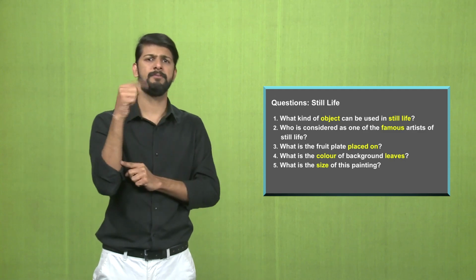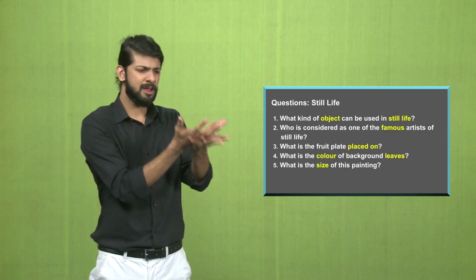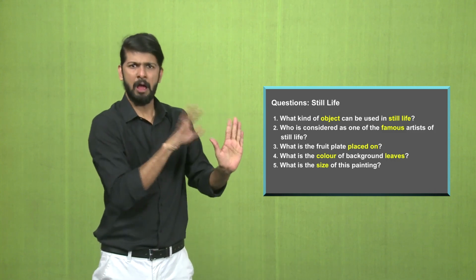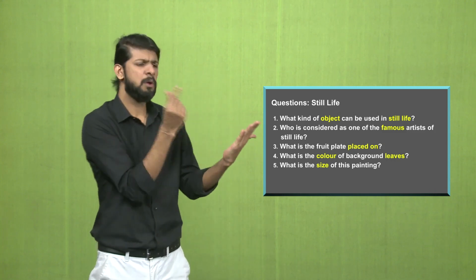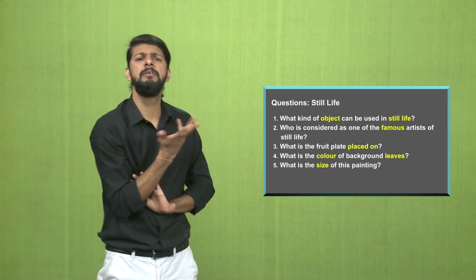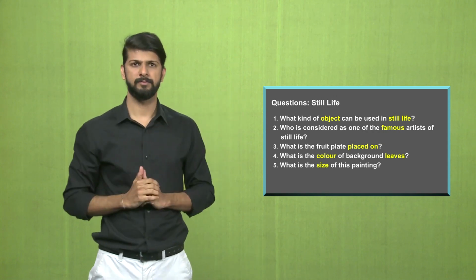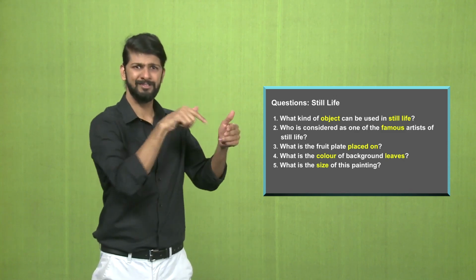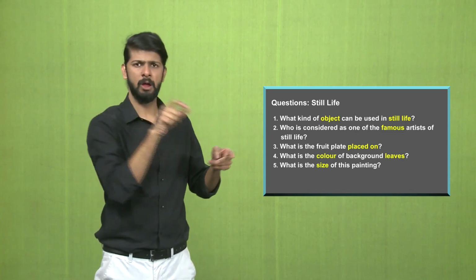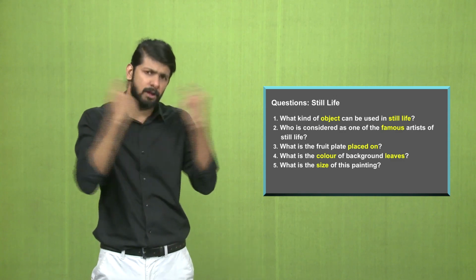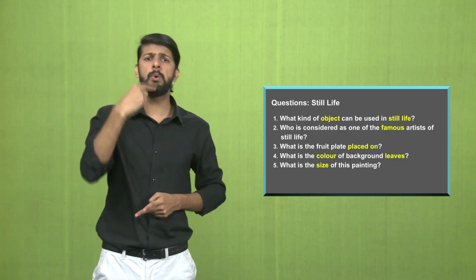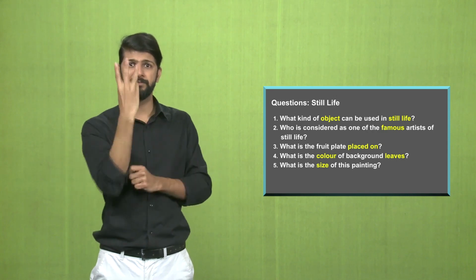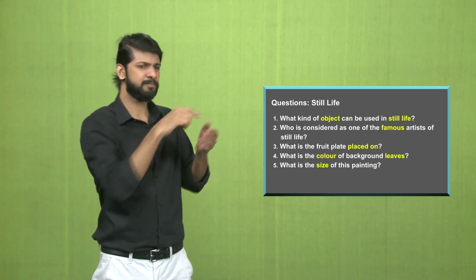Now we start discussing the questions. Question number 1 related to still life. What kind of objects can be used in still life? Question number 2. Who is considered as one of the famous artists of still life? Question number 3.